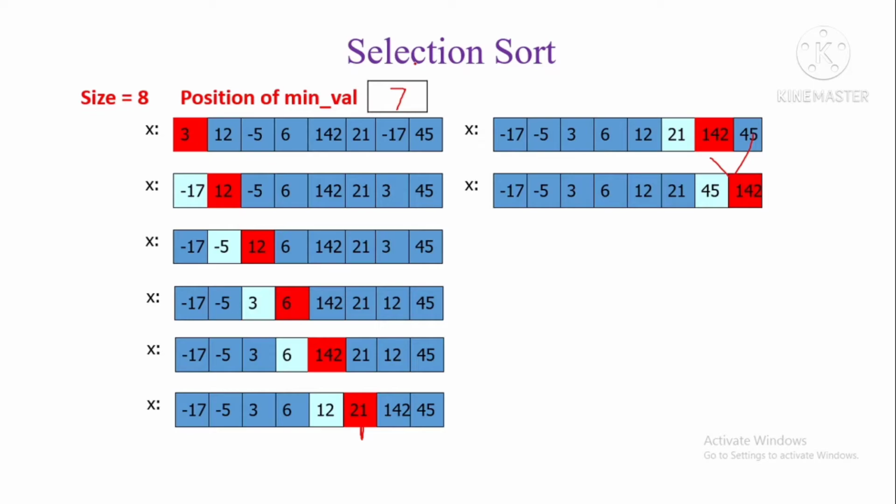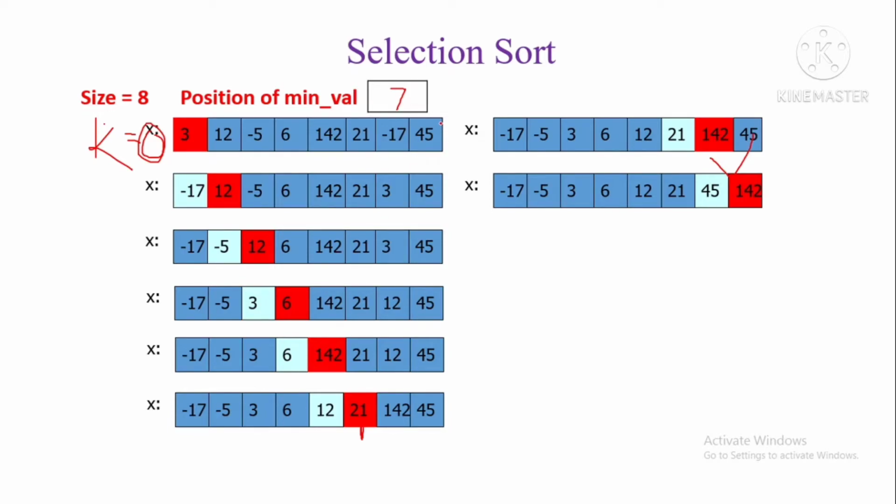So the logic is very, very simple. First, what we are going to do is, we are going to assign an initial value 0, and for this 0th index I am going to find out the correct value. Okay, for that I will compare all the values.